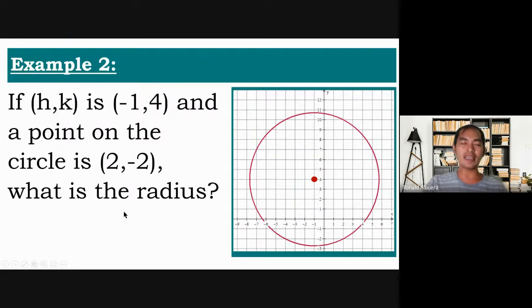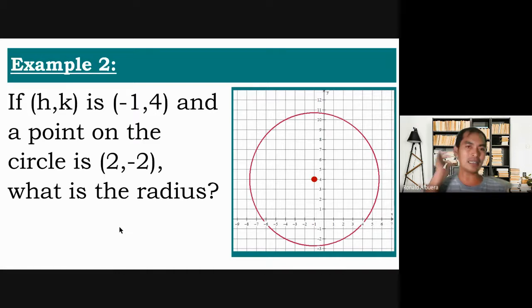Okay, so another example. Suppose that the center represented by (h, k) is at negative 1, 4. And the point on the circle is at 2, negative 2. Okay, so this one. What is the radius? So in this case, ang gagamitin nyo ay yung distance formula.